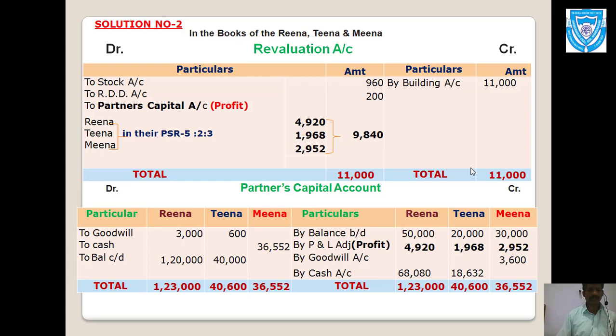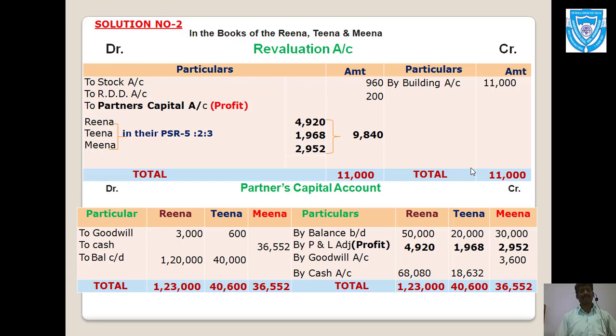Take that total to debit side, and again there is no debit amount to Meena's capital, and so we enter rupees 36,552 to Meena's capital, that is amount payable to Meena.